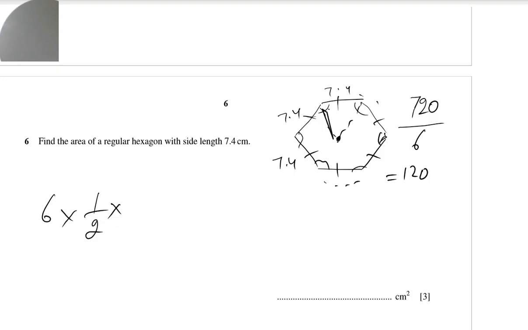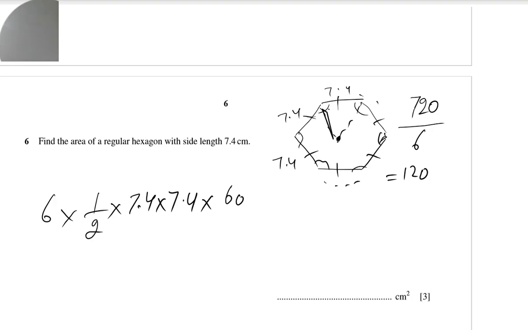This will also be 60, this will also be 60, so definitely this is also 60. So if all the angles are the same, it has to be an equilateral triangle with all the sides also the same. So all sides are 7.4. So it will be 1 by 2 into 7.4 into 7.4 into 60. I think that's it.